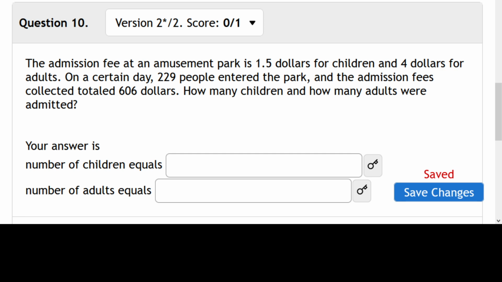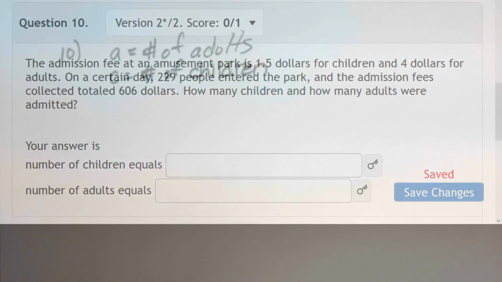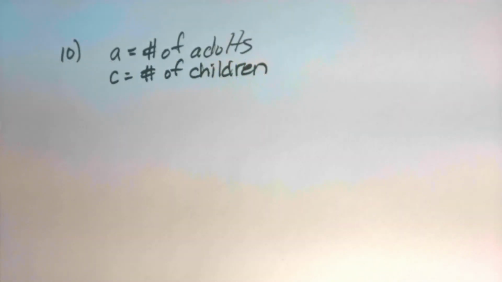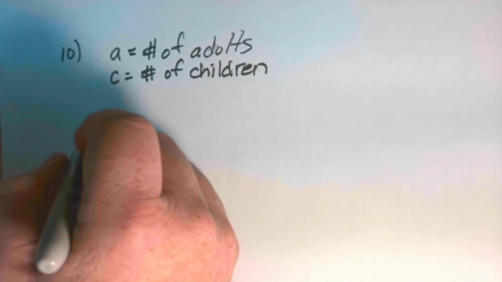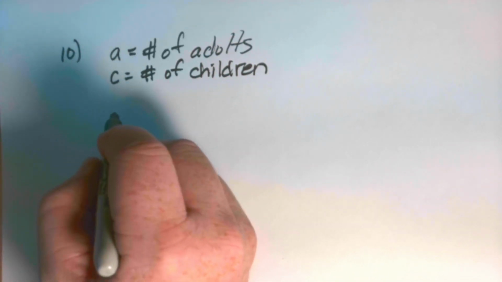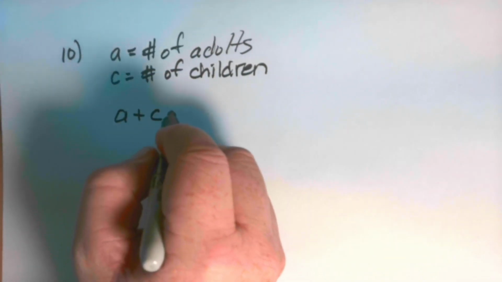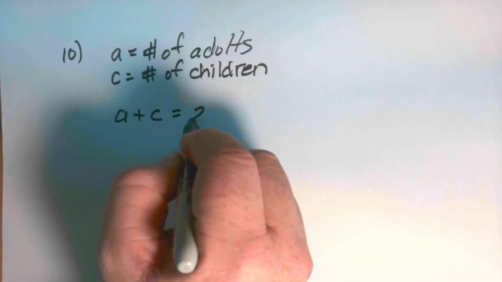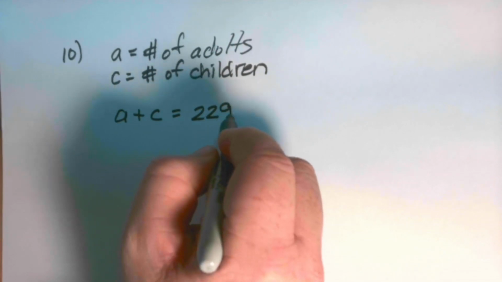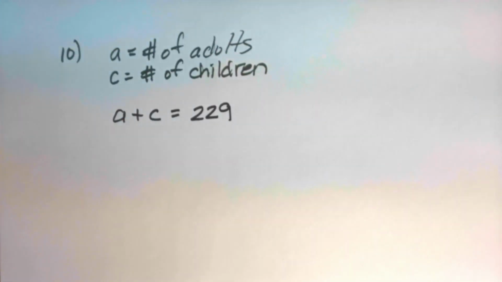So that's going to be the first equation I write. A represents the number of adults, C represents the number of children. If I take the number of adults and the number of children and add them together, there was a total of 229 people that came through the park that day. Okay, so there's one equation.